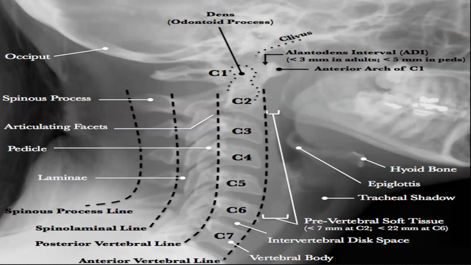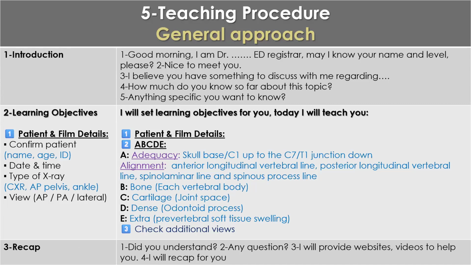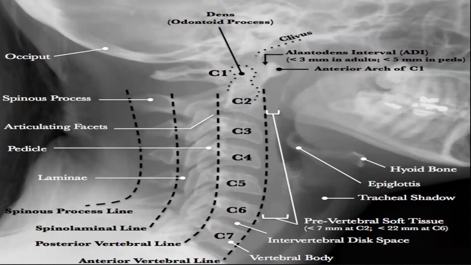Next, we are coming toward alignment. There are four lines we need to talk about. If we go from the back, the most posterior is the spinous process line. Then there are two lines anterior to the vertebral column: the anterior spinal line and then the anterior vertebral line, and then the posterior vertebral line.